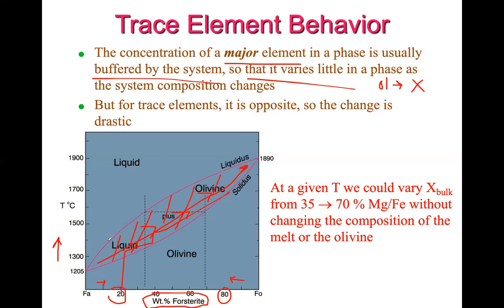So you have liquid phase plus olivine, right? Liquid plus olivine, you have both. Liquid plus olivine, that means solid and liquid are both there in this region. In this particular region, you have both compositions. But if you just arbitrarily change the temperature, for example, starting from 20, you just keep on increasing the temperature of the system without changing the iron magnesium composition.